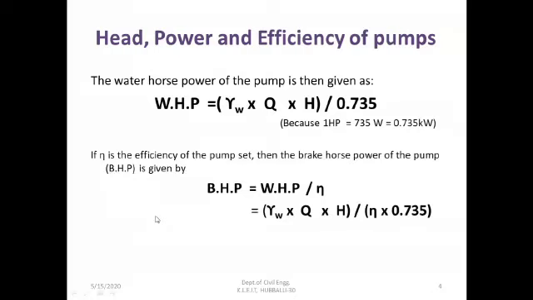And the efficiency is related to brake horsepower and water horsepower as: brake horsepower is equal to water horsepower divided by eta, wherein eta is the notation used to denote efficiency. So that can be written as rho W into Q into H divided by eta into 0.735.